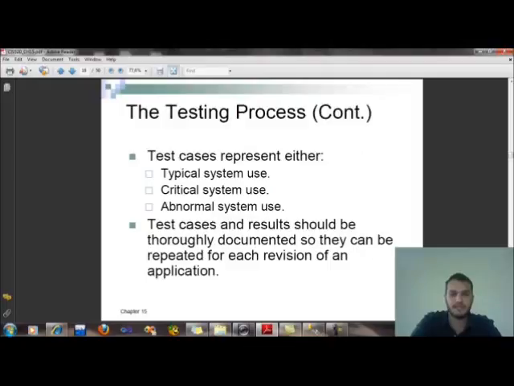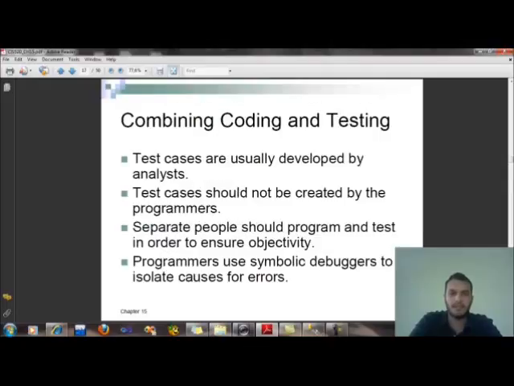The cases represent either typical system use, critical system use, or abnormal system use. Test cases and results should be thoroughly documented so they can be repeated for each revision of an application.